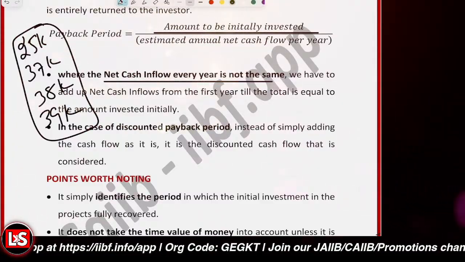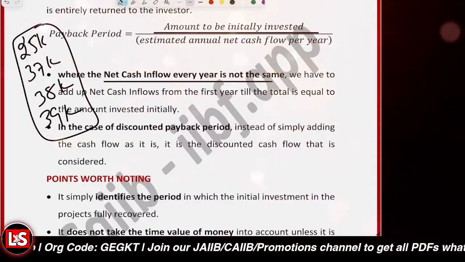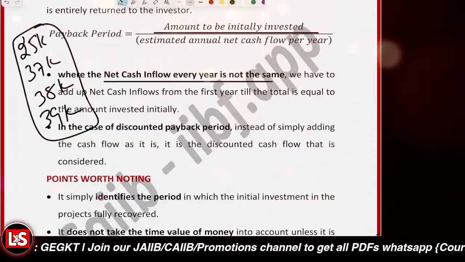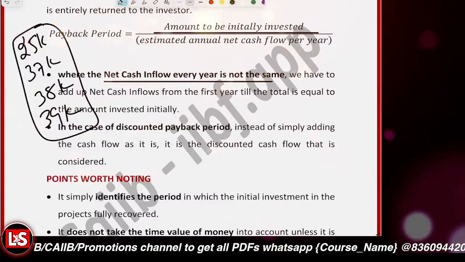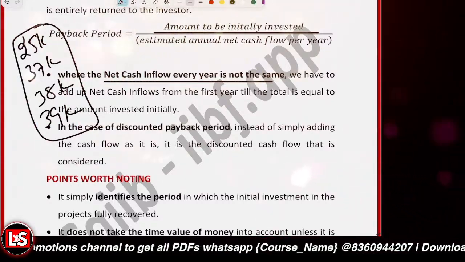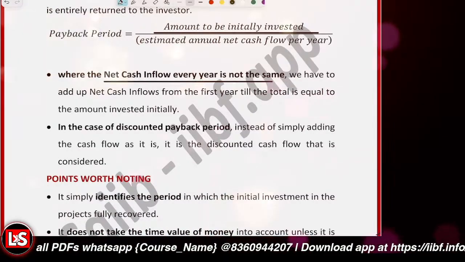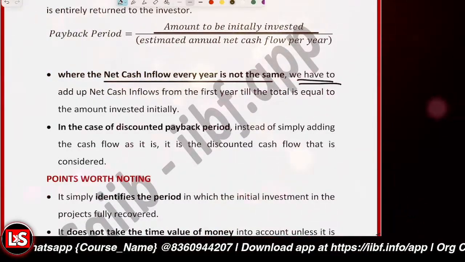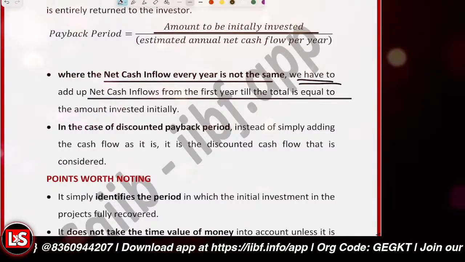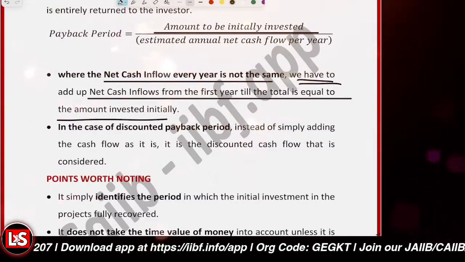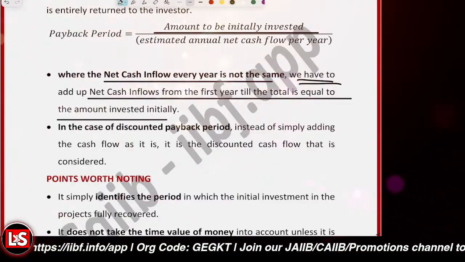If the cash flow is not fixed, then we have to add up the net cash flow from the first year onwards and look at the point at which the total equals the initial investment.